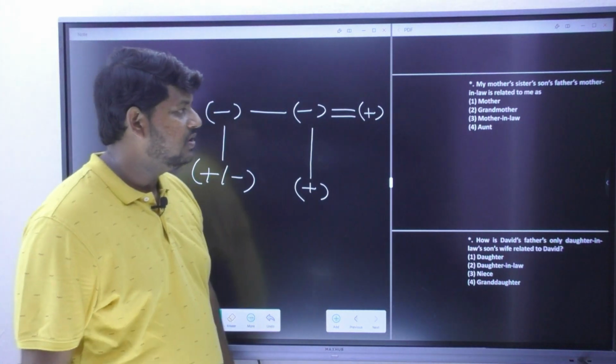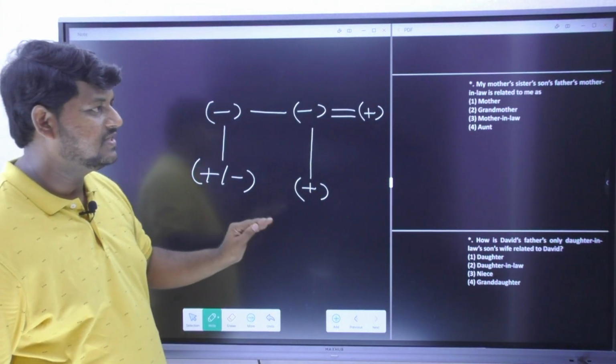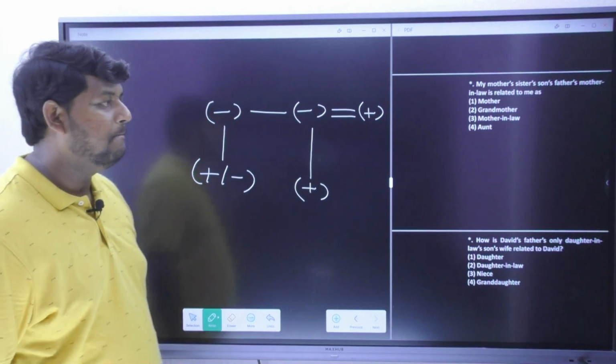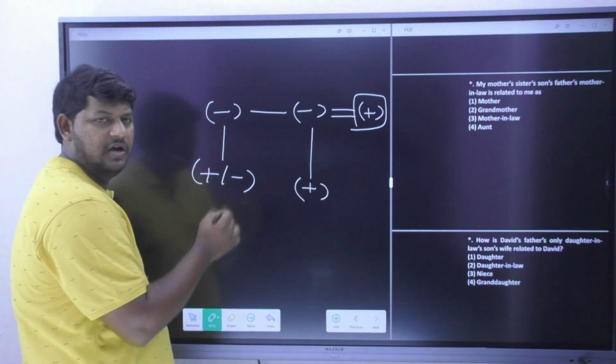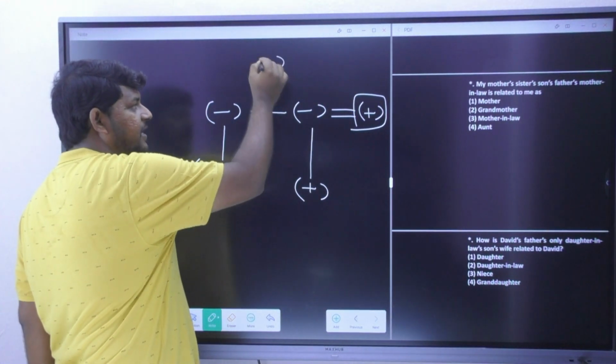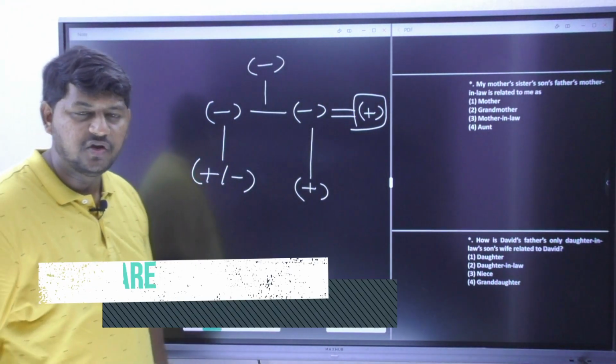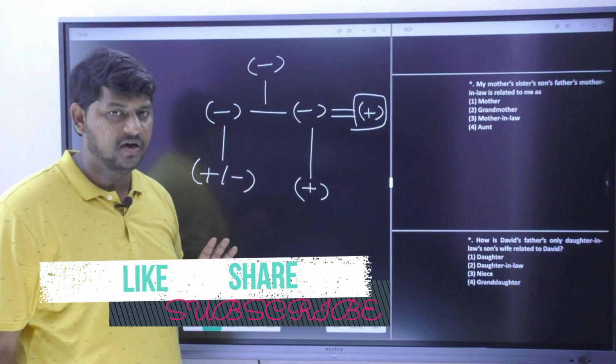Okay, so my mother's sister's son's father's mother-in-law related to me. Now this person should have a mother-in-law. Your spouse's mother is your mother-in-law. Am I correct?